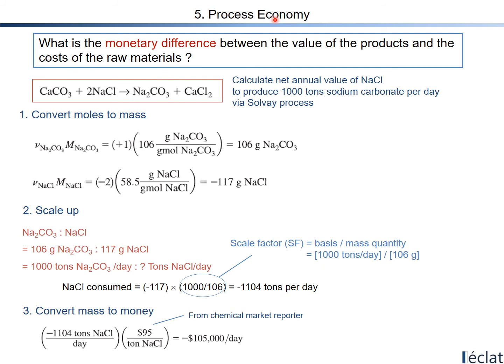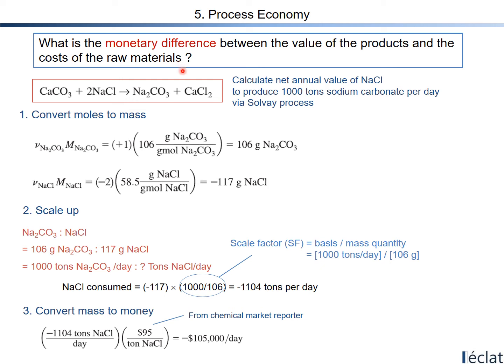What is the monetary difference between the value of the product and the cost of the raw materials? You will calculate the earning from the product and cost from the reactant, and then finally you should get the information whether I can lose money or I can earn money.